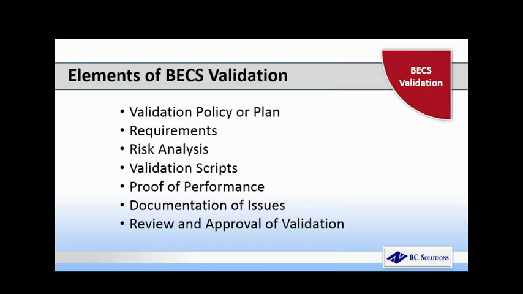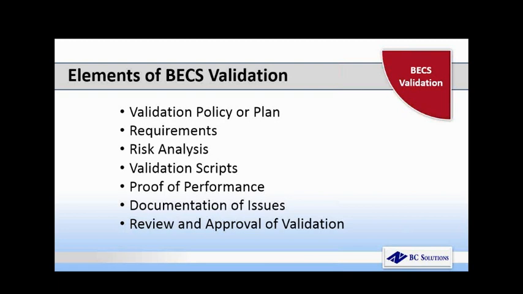This slide lists the elements that we're going to talk about today. Each one of these should be documented as part of your validation process to ensure that it is complete and compliant. Although I'm going to present them in a linear pattern, realize that these are all interrelated and that they're just pieces of the puzzle that you're going to fit together that will ultimately become your validation of your blood bank software system.